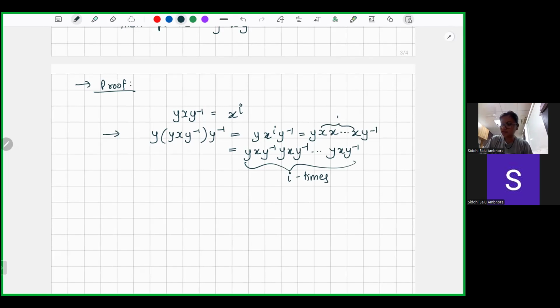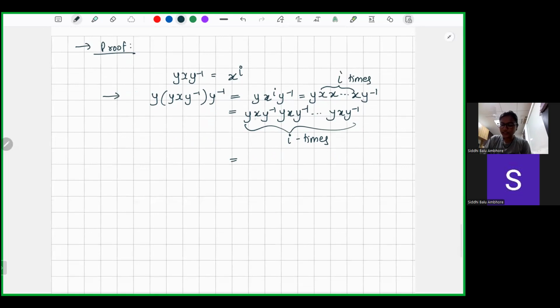So I'm just multiplying in between, and for each y x y inverse I have x power i. The second one is x power i, so on up to x power i here. These are i products.